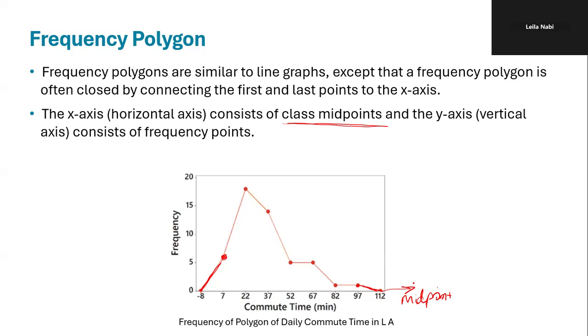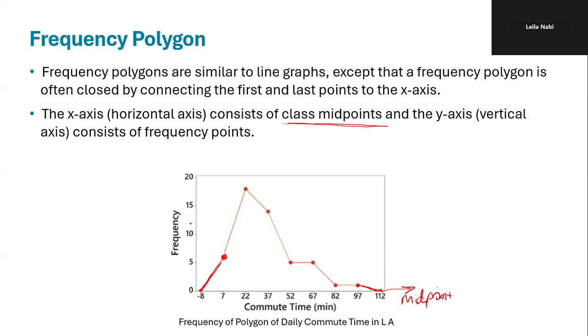And the frequency polygon is an alternative for the histogram. Since we're using lines, it gives us a smoother visualization for each distribution. Okay. And like any other graph, the y-axis or the vertical axis shows the frequency. And it's also a very good graph for comparing when we have two or more distributions in one graph.